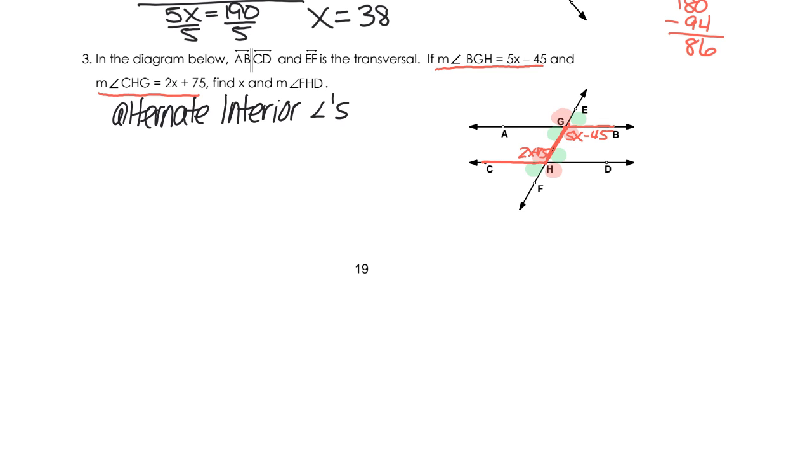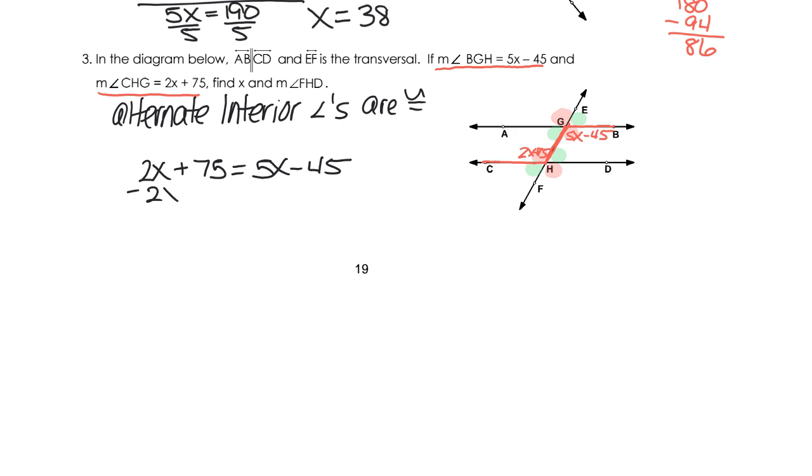They're alternate interior angles, and they are congruent. Another way you can tell is notice that they're both on red highlighting, and so the same color means that they have the same measure, and same measure means that they are equal. And so 2x plus 75 is going to equal 5x minus 45.